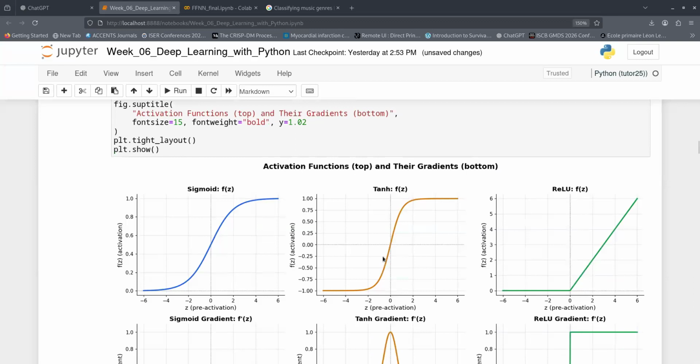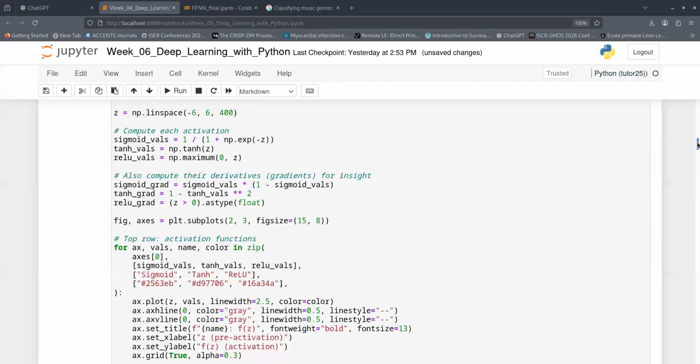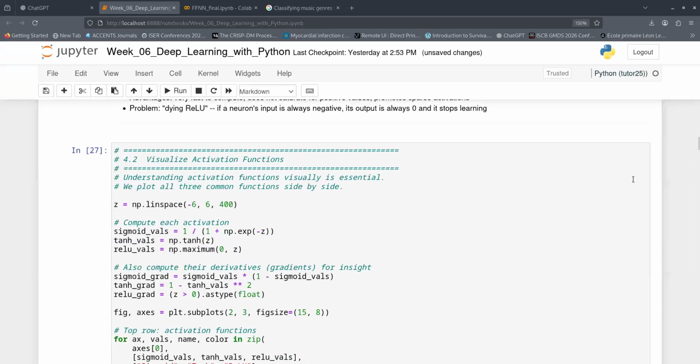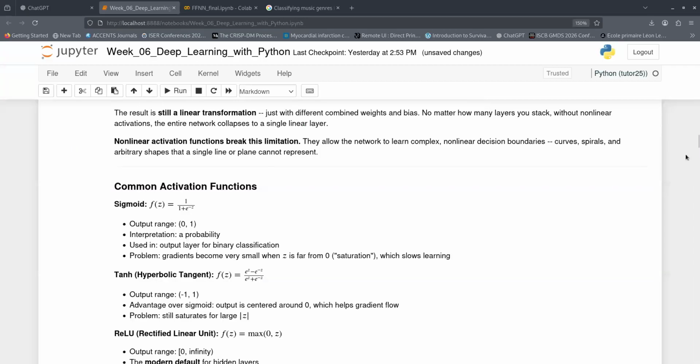And here you have the tanh. The tanh has this form, and its output is between -1 and 1. And you have the ReLU. The output range is between 0 and infinity.